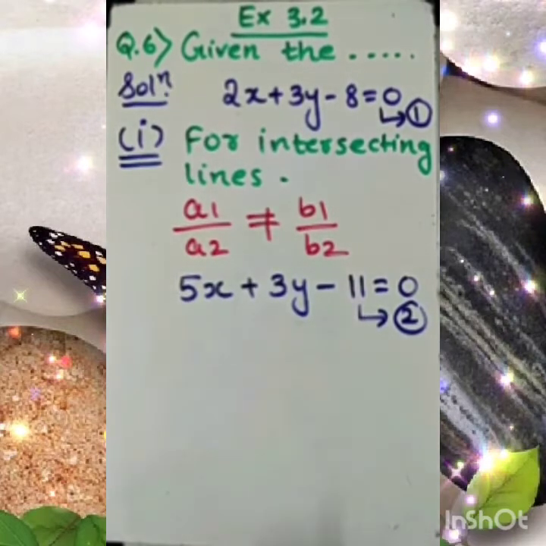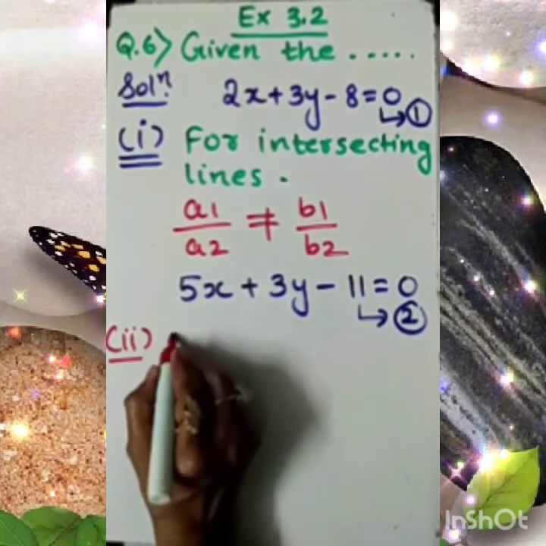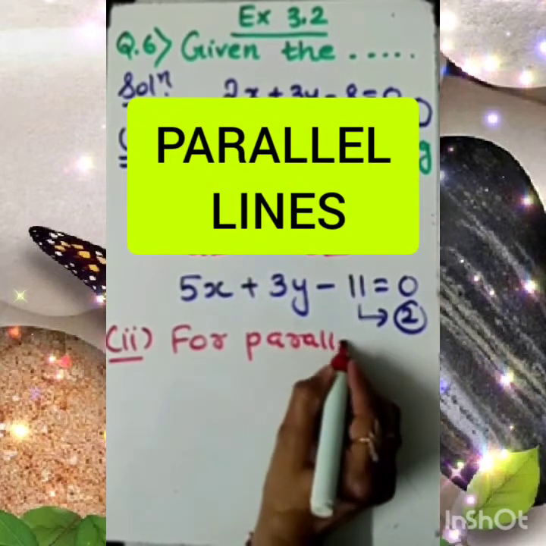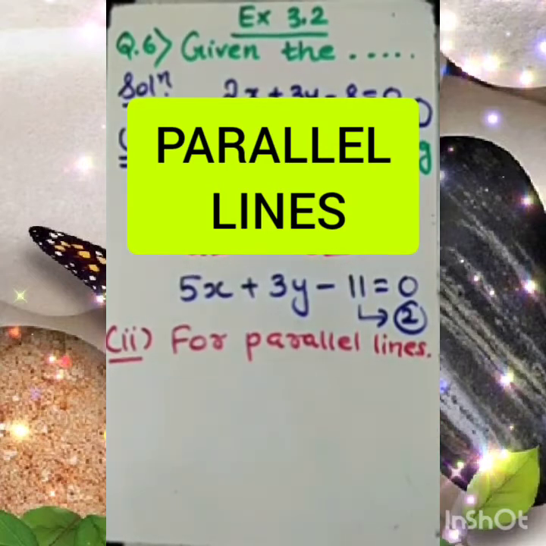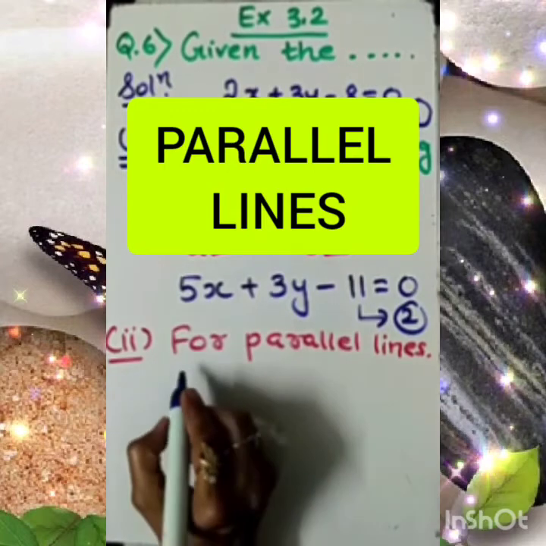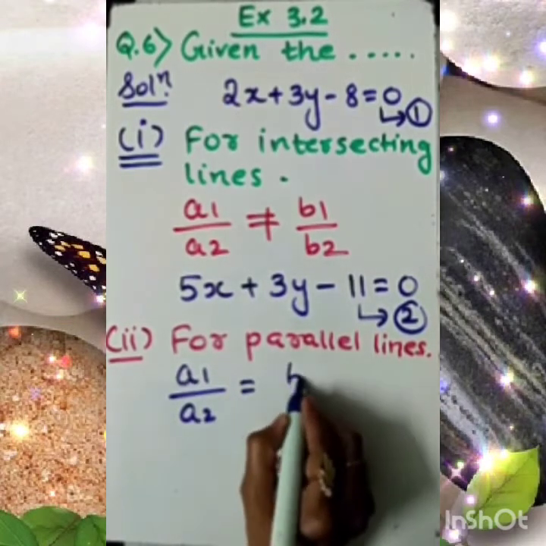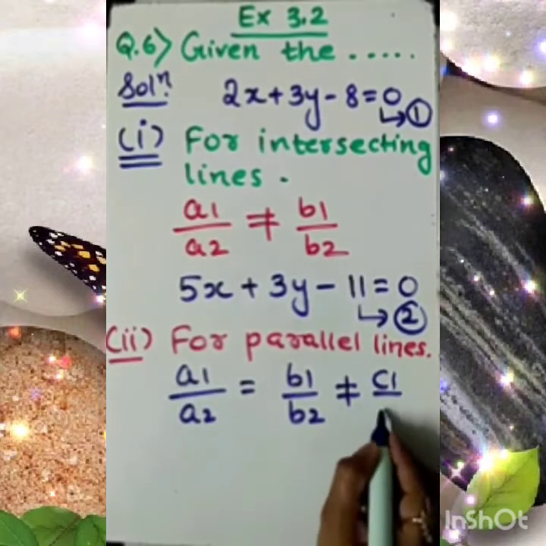Right? Now the second point is for parallel lines. Now let's see what the condition for parallel lines is. As we know, for parallel lines, the condition is A1 by A2 equal to B1 by B2 not equal to C1 by C2.